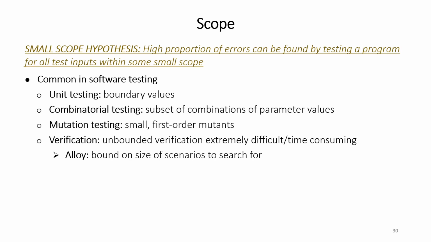In software testing, in unit testing, you usually do some kind of boundary analysis. You're not testing exhaustively all possible values. You're just testing around the bounds because you think that's where the errors probably exist. That's decreasing the scope a lot.